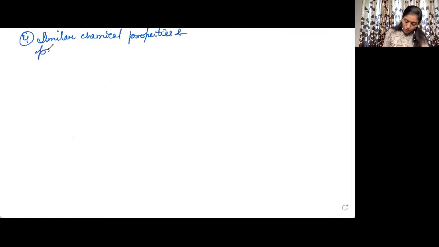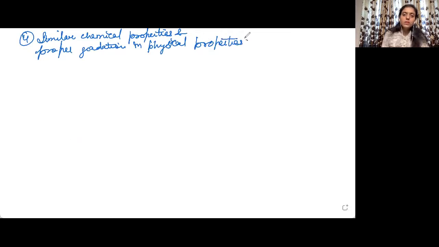So if you see, chemical properties we know because they are having the same functional group, so they will be showing the similar chemical properties only, right?